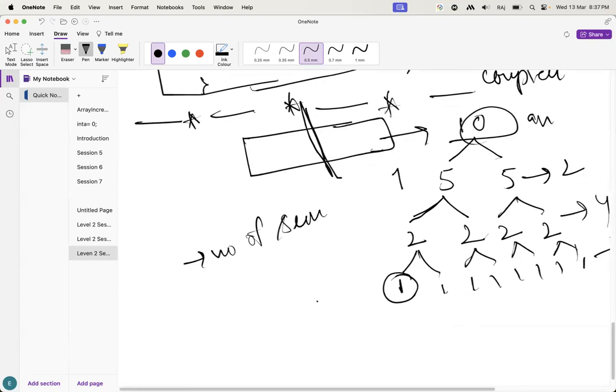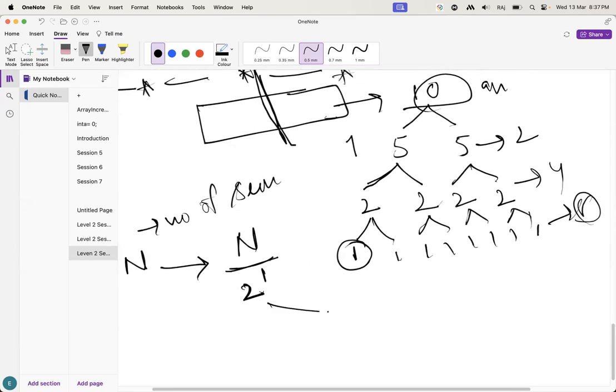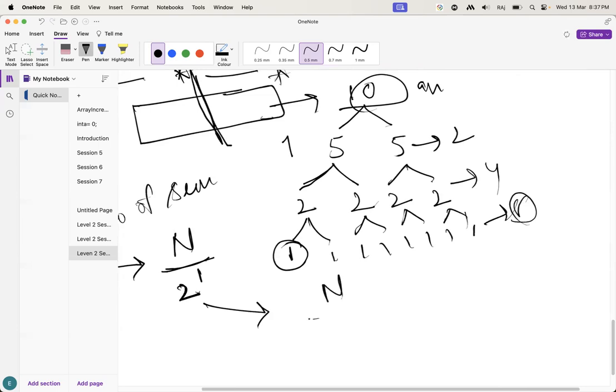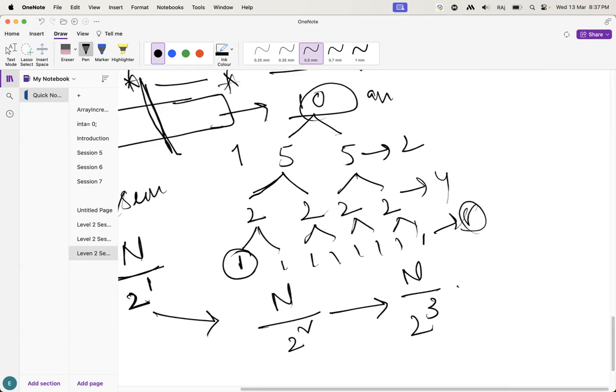Every time it is decreasing, right, guys? Initially length n. After the first division, first mid, what will happen? N by 2 power 1. What will happen after that? N by 2 square. What will happen after? N by 2 cube, like that, and so on.